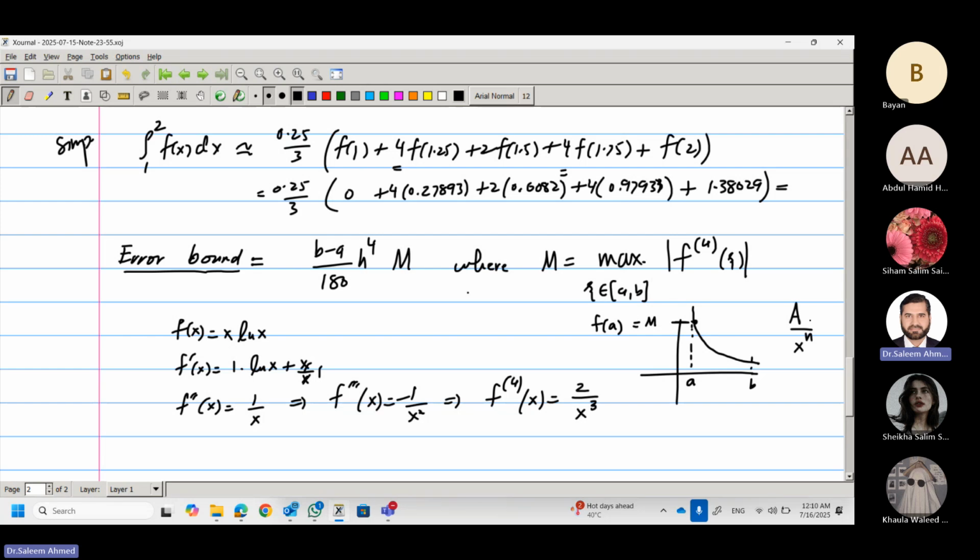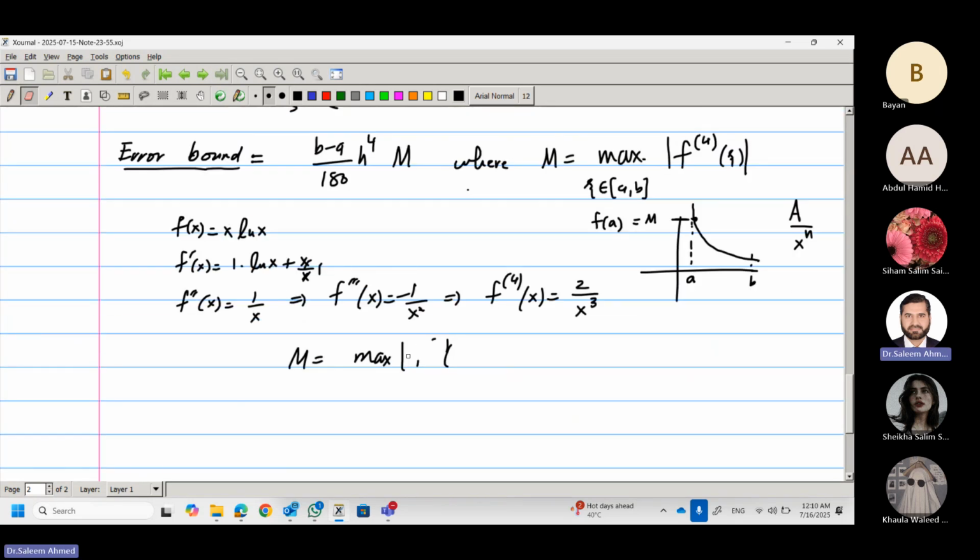So what is f4? f4 is 2 over x cubed, and my interval is x belongs to 1 to 2. So it's just the value of this function at 1. This is the maximum value. So M is 2.